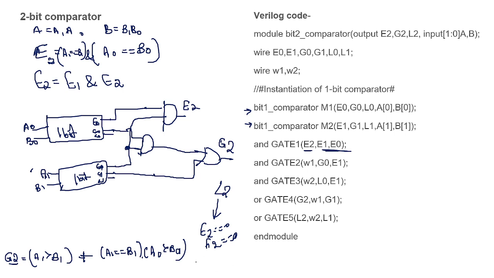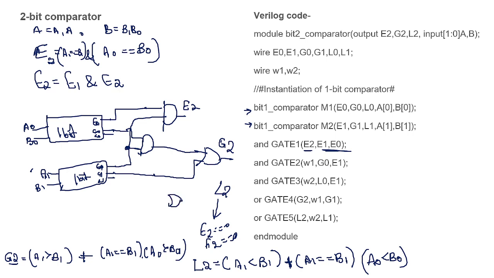Again, if we are implementing through equation L2: if A1 is less than B1, that is fine. Otherwise, if both the MSB bits are equal and the LSB bits are less, I need one more OR gate.